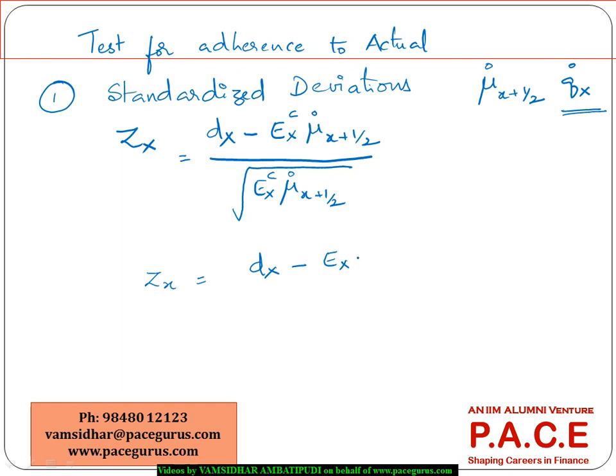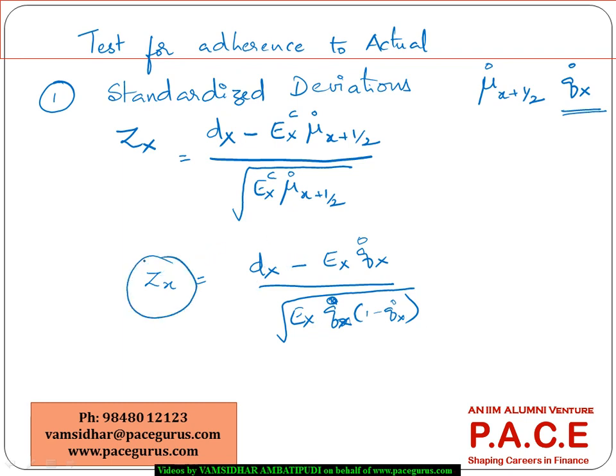The mean is the exposure to risk multiplied by graduated qx, and the variance is exposure to risk multiplied by qx multiplied by 1 minus qx. Right, this is the variance, so I'll put a square root over it to give me the standard deviation. I will compare this with a normal distribution to compute the Z.